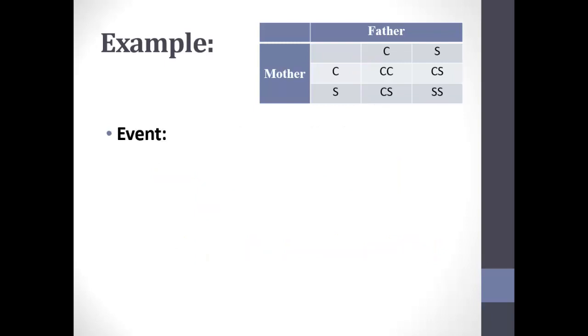An example of an event in here would be any one of those things in my sample space. So maybe the event that I'm interested in is curly hair, or straight hair, or of course wavy hair would be an event too.